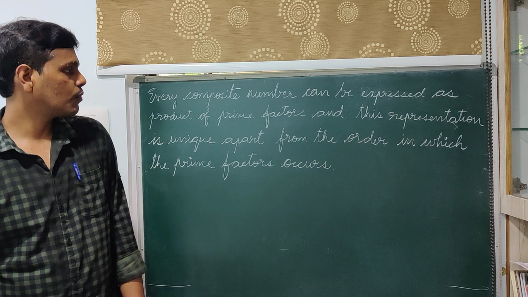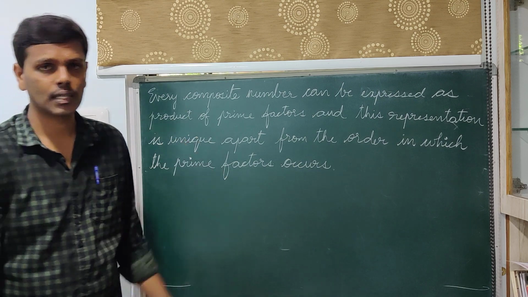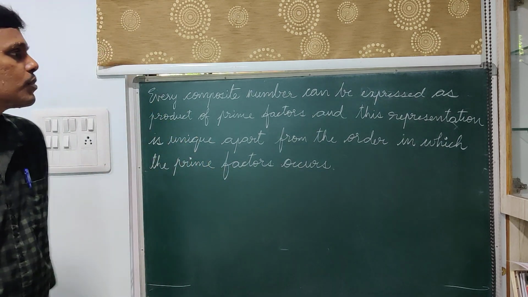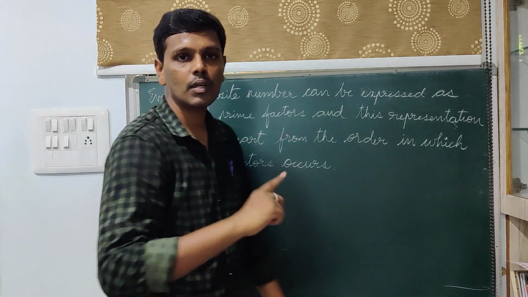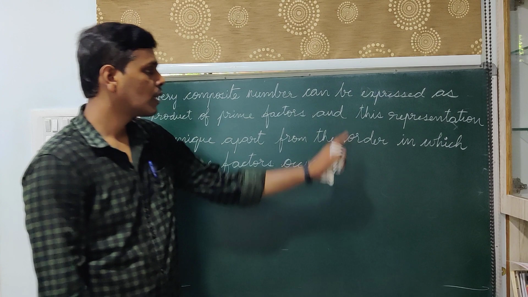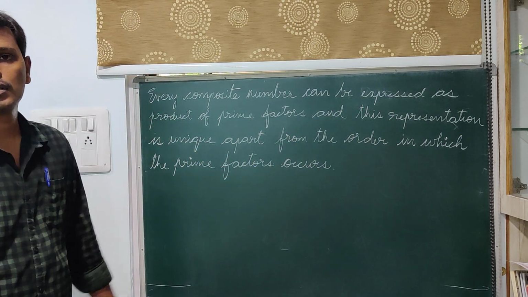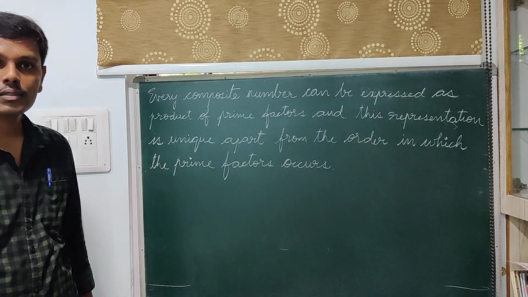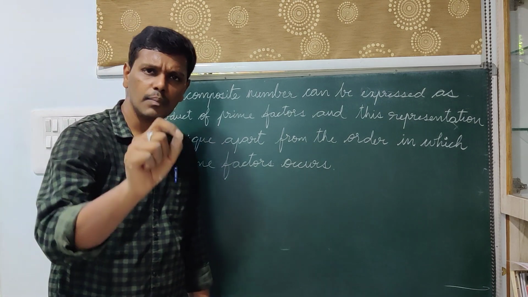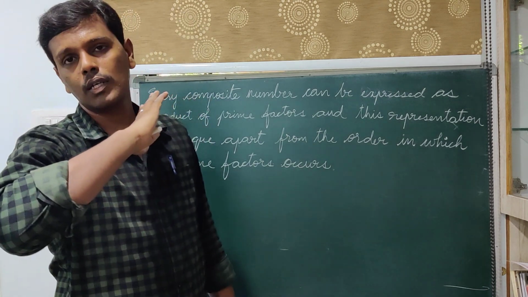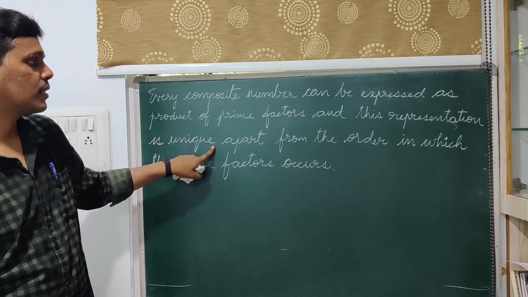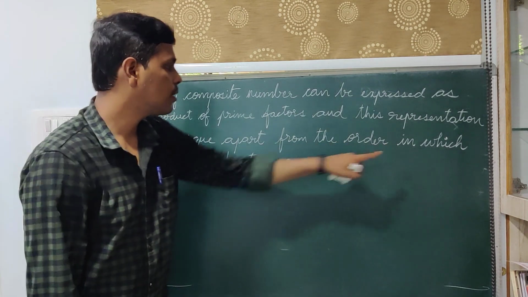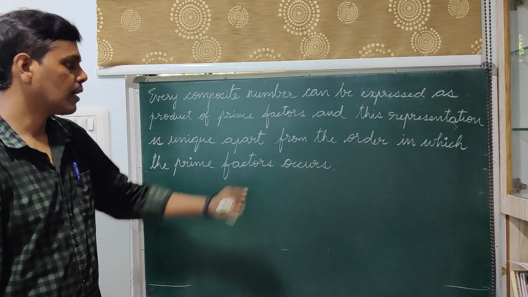So that is what we call the fundamental theorem of arithmetic. I state it once again. Every composite number can be expressed as a product of prime factors. That is, given a composite number, you can write it as a product of prime factors, and this representation is unique. Unique in the sense you will only arrive at the same prime factors whatever method you adopt, apart from the order in which the prime factors occur.